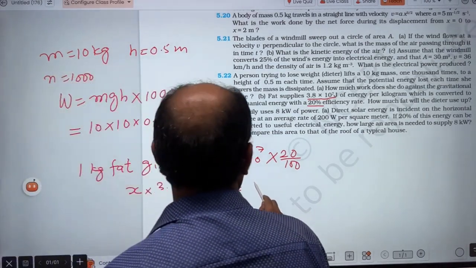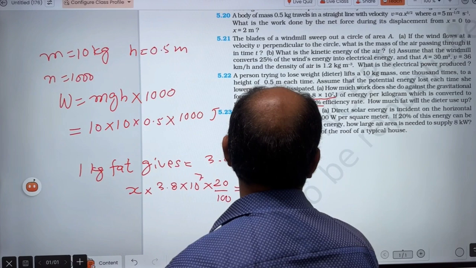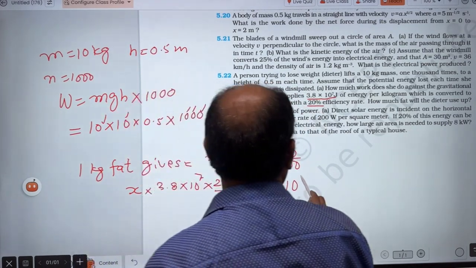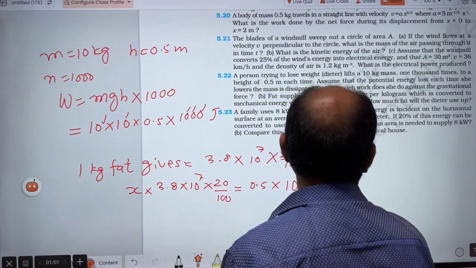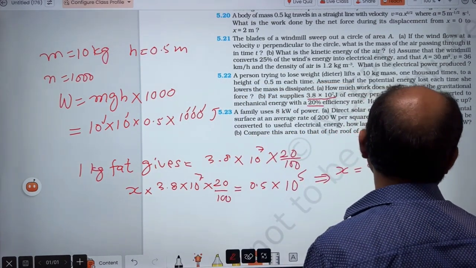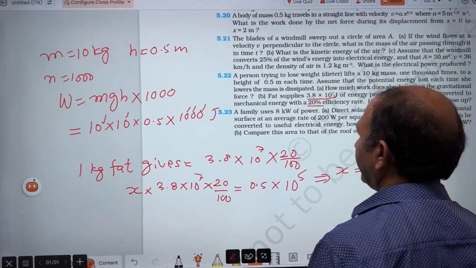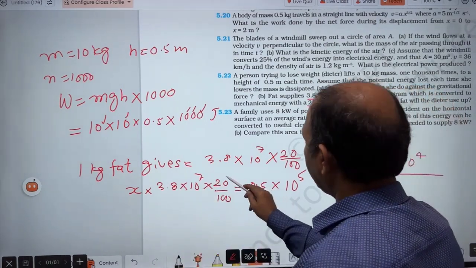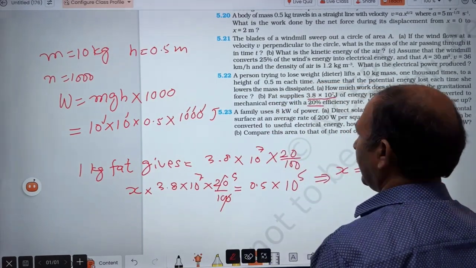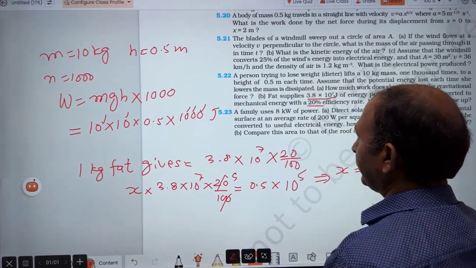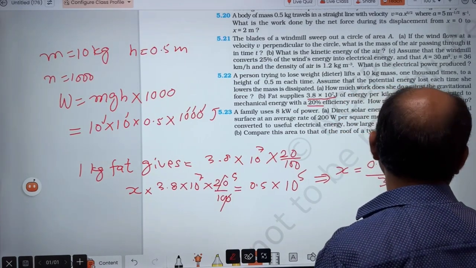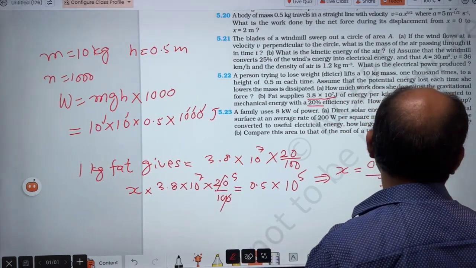Either you write this in terms of power or just write 0.5 into 10 to the power 5, or x equal to 0.5 into 10 to the power 4 divided by this value. So this will become 1 by 5. So 5 will get multiplied here and the remaining things will go in denominator. So 3.8 into 10 to the power 7.